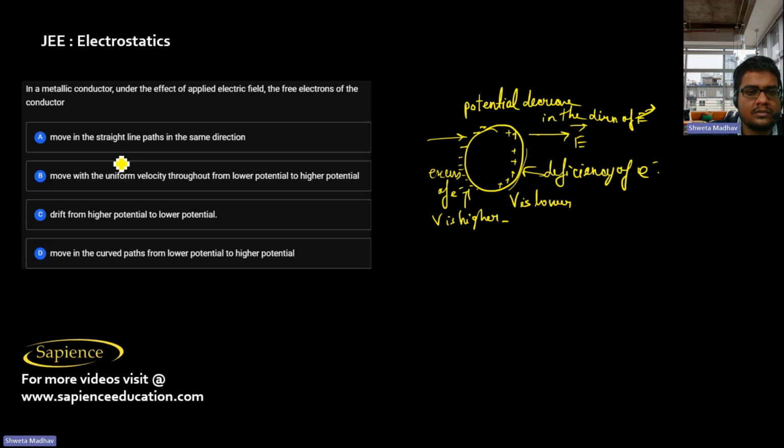So the free electrons will move in curved paths from lower potential to higher potential. They will not move with uniform velocity. So option D is the correct answer.